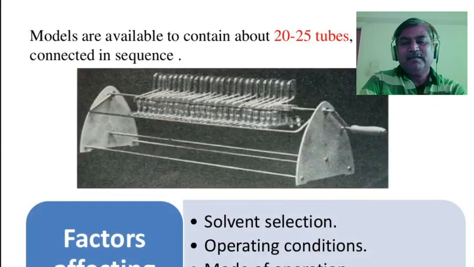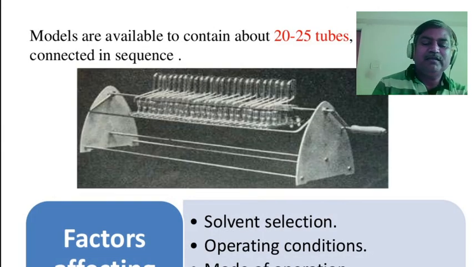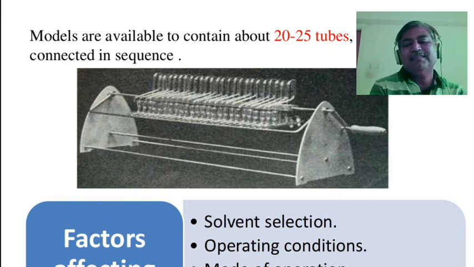In this technique we can use 20, 25, 50 and 100 tubes in series and separation can be achieved. So this covers the batch extraction process and the countercurrent extraction process, the two types of solvent extraction.